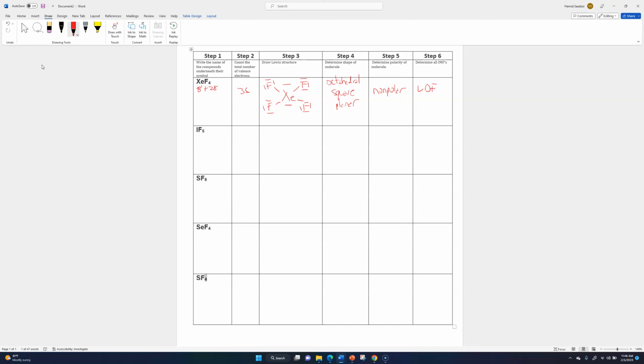Alright, I have 5. You're going to do 7 plus another 7 times 5, which is 35, which is 42 electrons. I in the middle, fluorine, fluorine, fluorine, fluorine, and then one more fluorine. Now, it doesn't matter which extra corner you pick, as long as you have 5 fluorines around the middle, you're good.